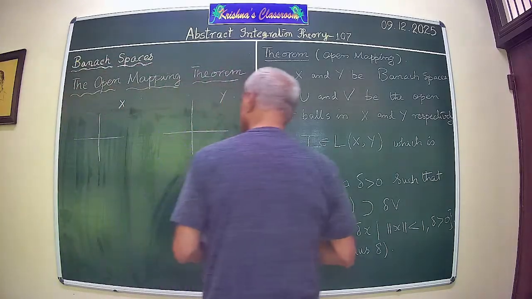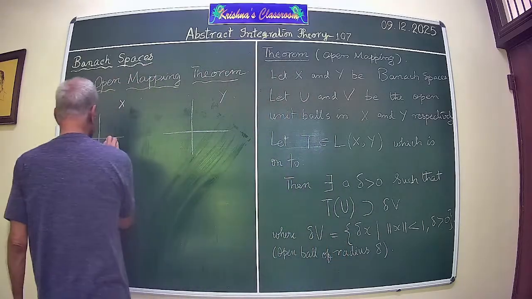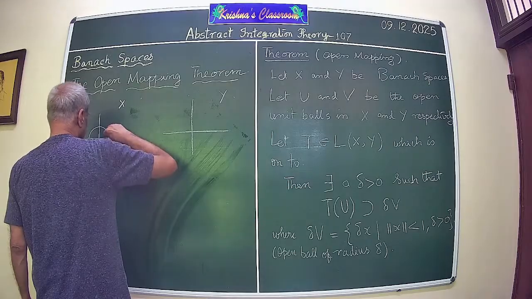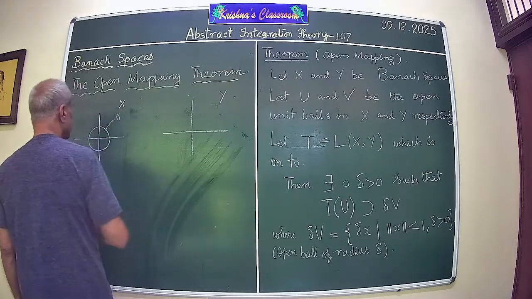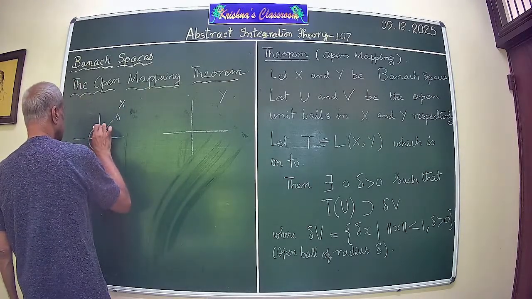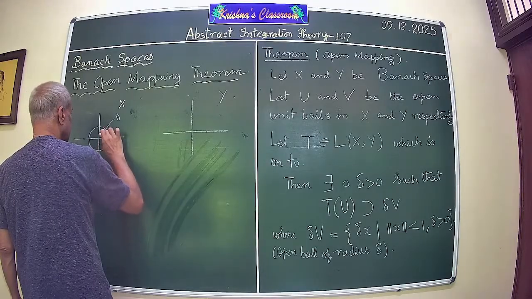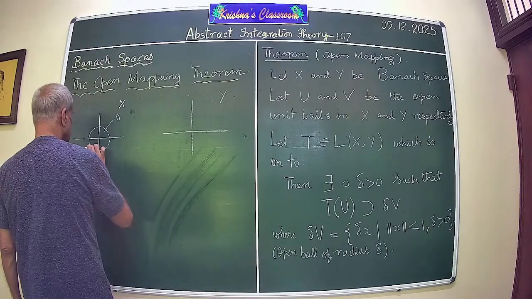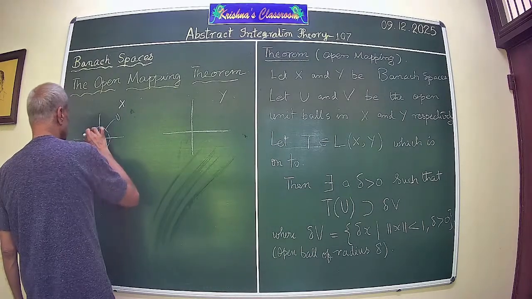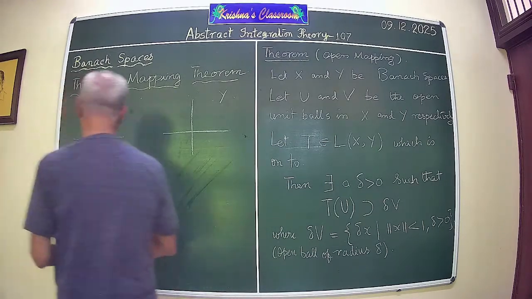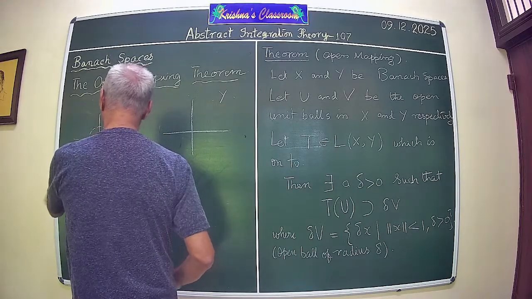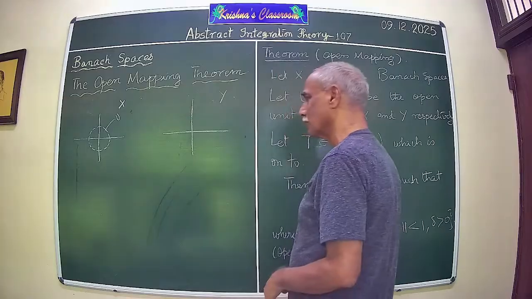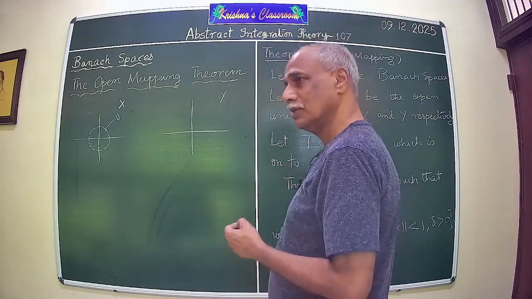Okay. And what you have is U, it's the open ball of radius 1. This is U, the interior of this. I mean, this is to show that the boundary is not included, so I am just wiping it off or making it a sort of boundary which is of dots.